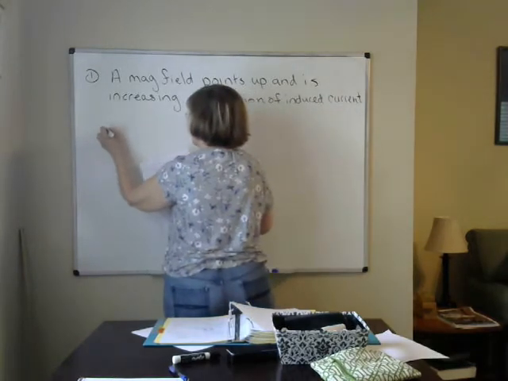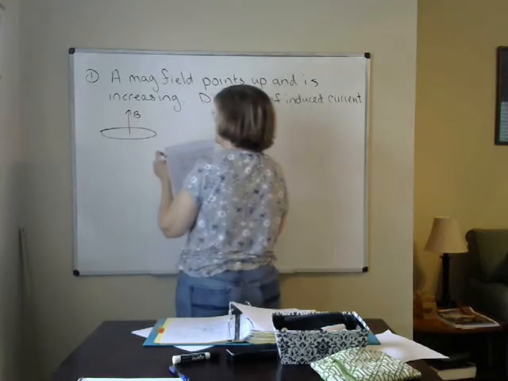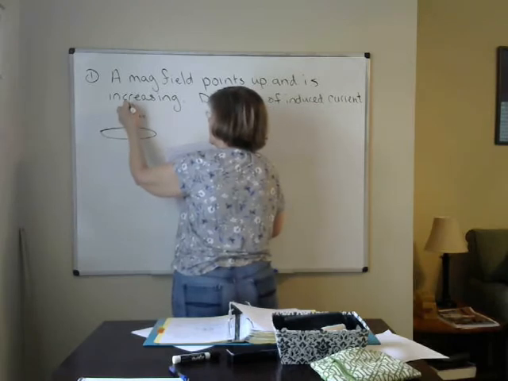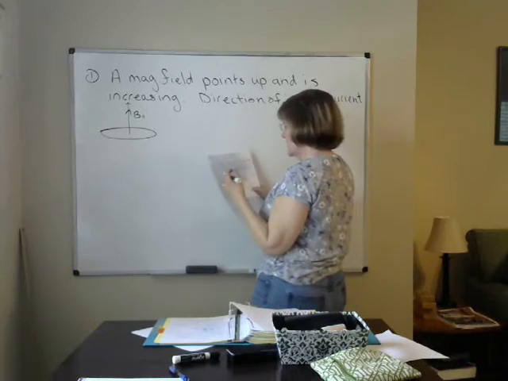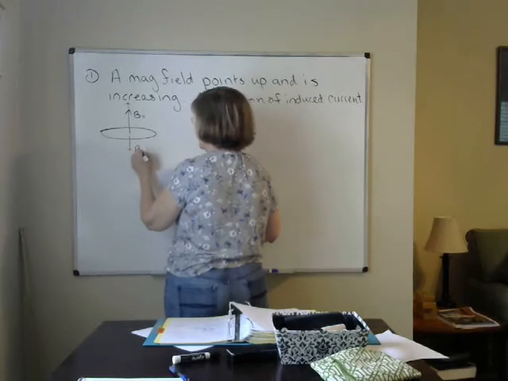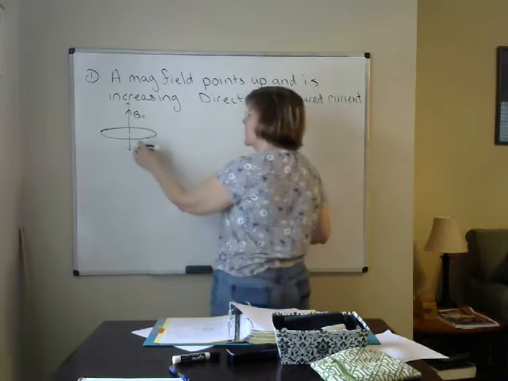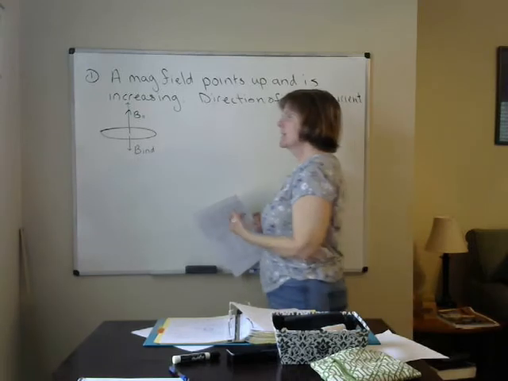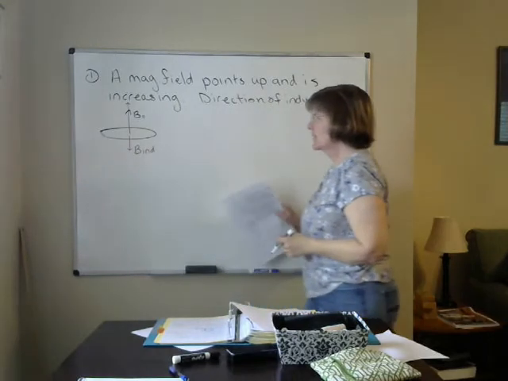Here's our current loop. And it's got a magnetic field that points this way. That's the original magnetic field. But it's growing. It's getting bigger. It points up and it's increasing. If it points up and it's increasing, then the magnetic field that's induced is going to point down. It's not pointing down because the original magnetic field points up. It's pointing down because the original magnetic field is increasing in the upward direction. So it's going to point down.